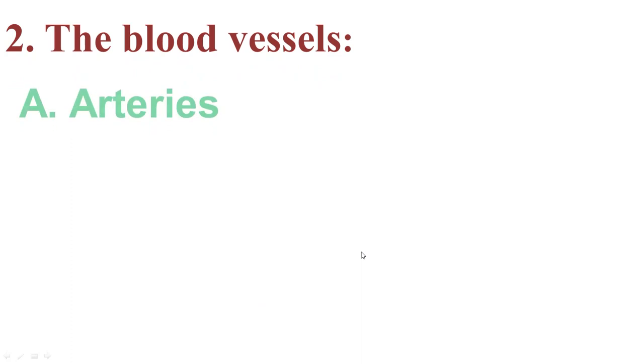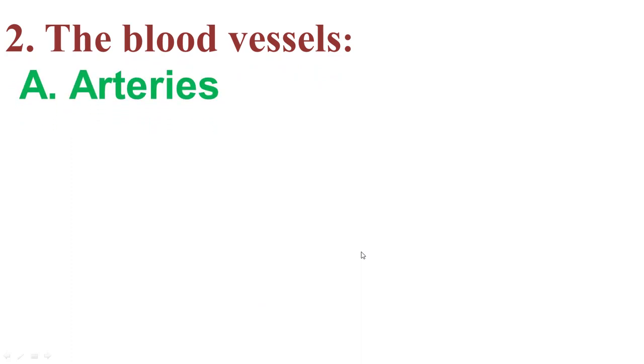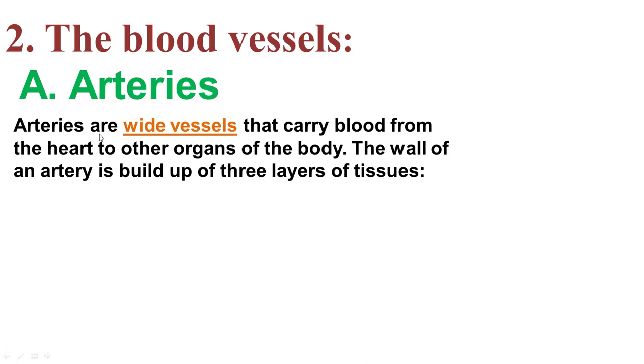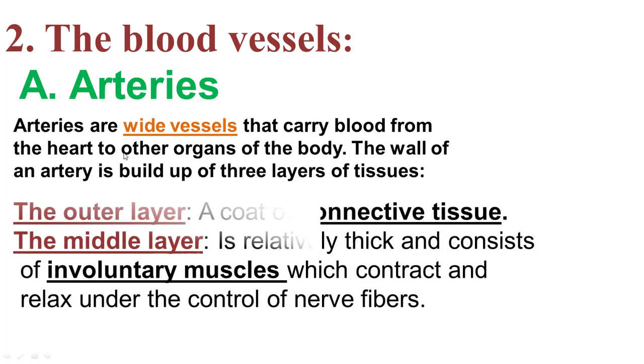The blood vessels. Blood vessels connect the blood and the heart. We have blood vessels that carry the blood from the heart to all body parts and to the heart and vice versa. The blood vessels can be differentiated into, first one, arteries. Arteries are wide vessels that carry blood from the heart to other organs of the body.